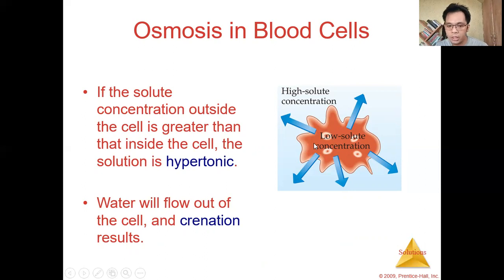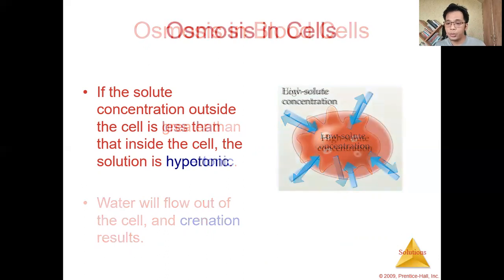Ang solution natin doon is hypertonic from a cellular perspective. If the solute concentration outside of the cell is greater than the inside of the cell, then it is hypertonic. When equal, that is in the state of isotonic. So water will flow out of the cell and crenation will result.